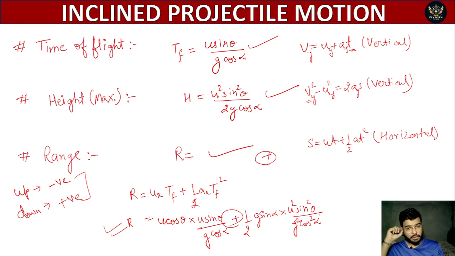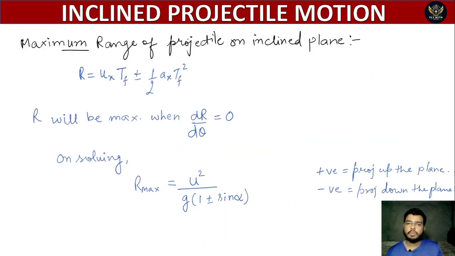Now we have calculated the time, we have calculated the maximum height, we have calculated the normal range, but what about the maximum range? How to calculate the maximum range? Now we will see. To calculate the maximum range, we will use the same idea as in the previous video, that is dr by d theta will become 0, because we have to take the maximum point.